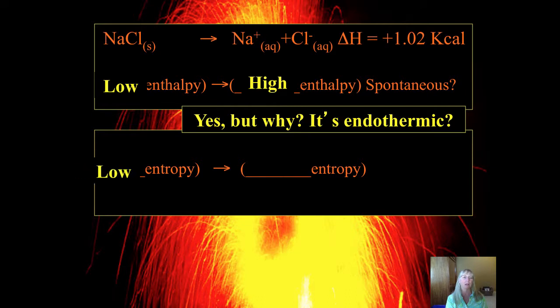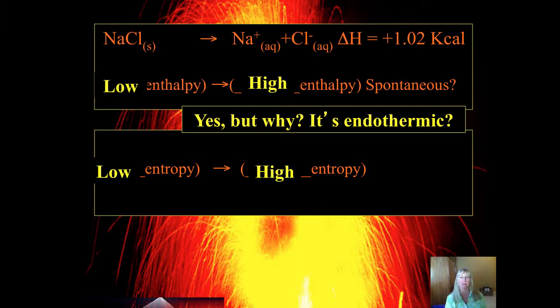And the reason is because you are increasing the entropy. Specifically, 1 mole of salt makes 2 moles of ions. Anytime you're making more products from the original reactants that you started with, you're going to increase entropy or disorder.